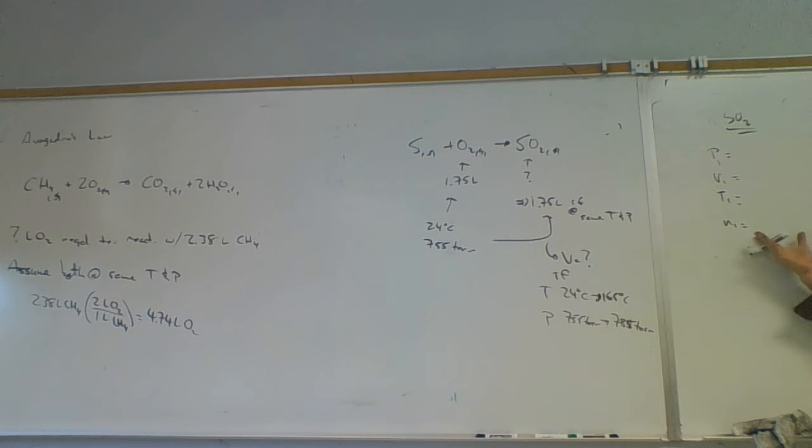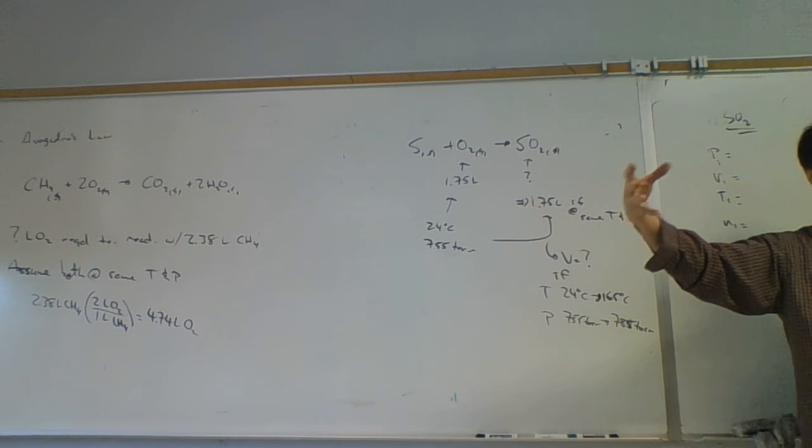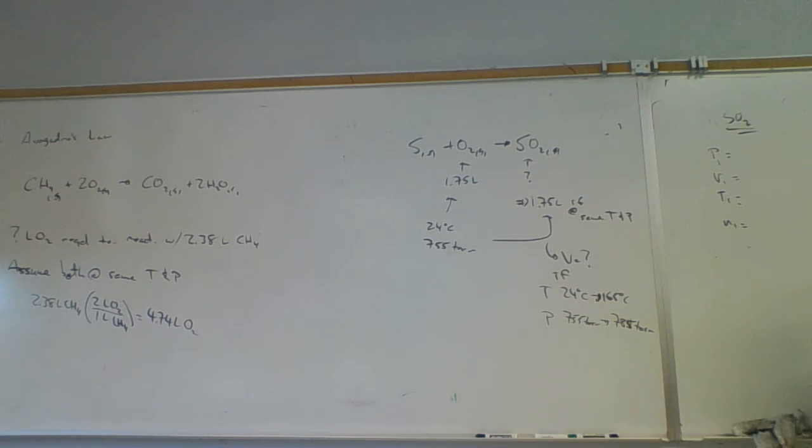Okay, N, did we add more moles of gas or did we remove moles of gas? In other words, did we add more gas or remove gas? No. All we're doing is taking a 1.75 liter balloon and heating it up and compressing it a little bit, or putting a little bit more pressure on it.